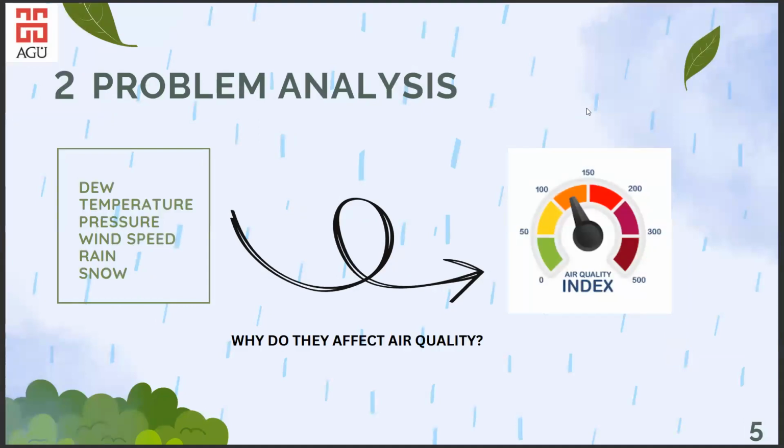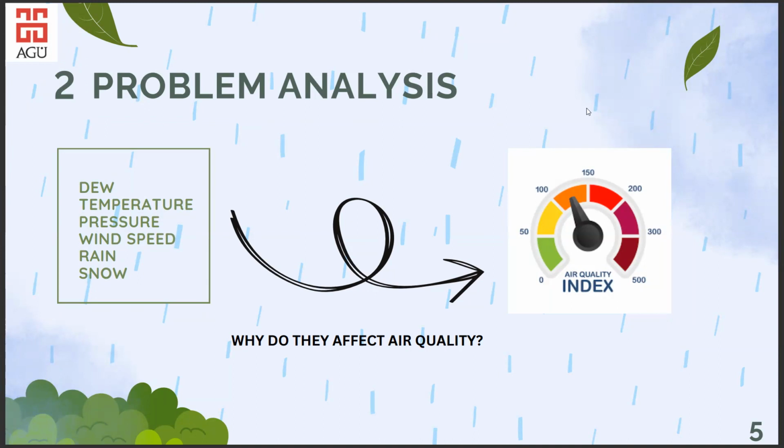Yes, let's continue with the problem definition. China faces an air pollution problem, a critical issue that poses threats to both public health and the environment. To delve deeper into this issue, our project is to understand the complex relationship between various environmental factors. The variables include dew, temperature, pressure, wind speed, snow, and rain.